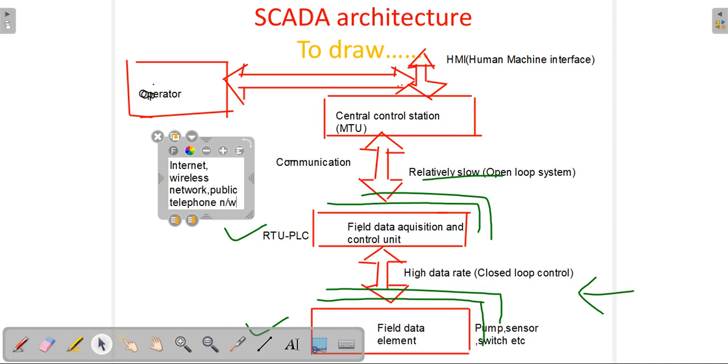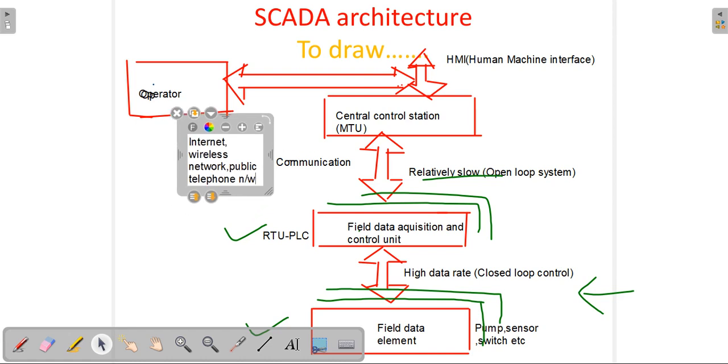So you can have anything as long as the communication is concerned here.